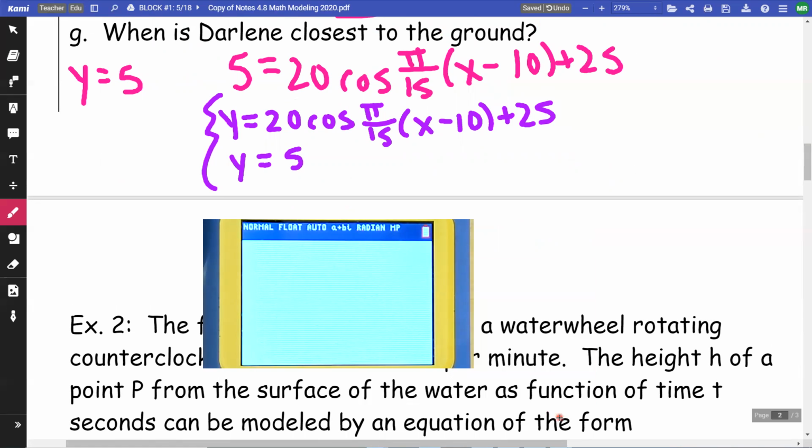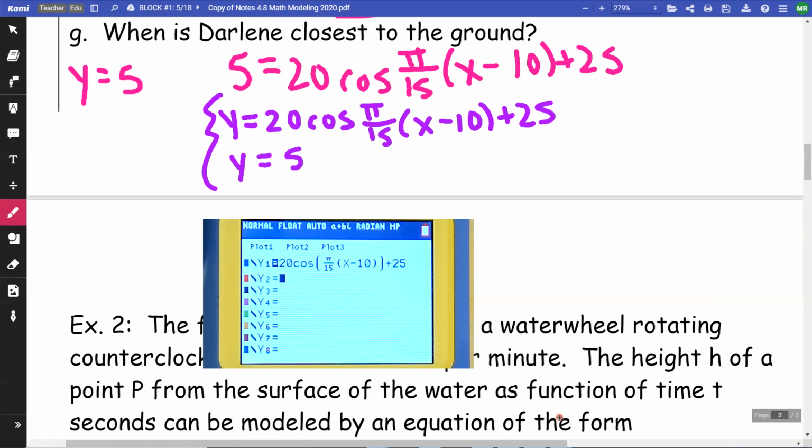Okay, so I go to y equal, and I'm going to go 20 cosine of pi over 15 times x minus 10, close, close, plus 25.